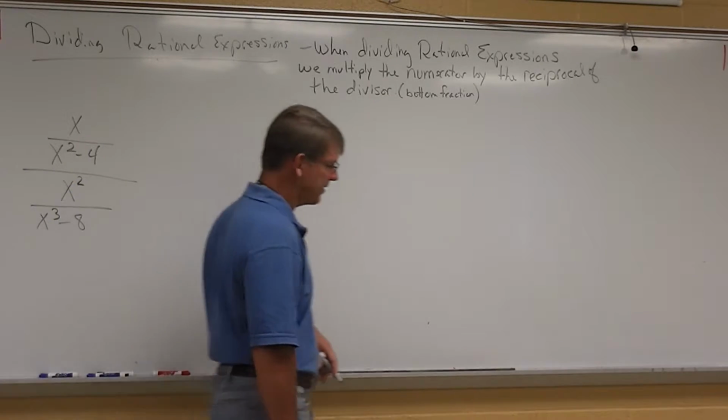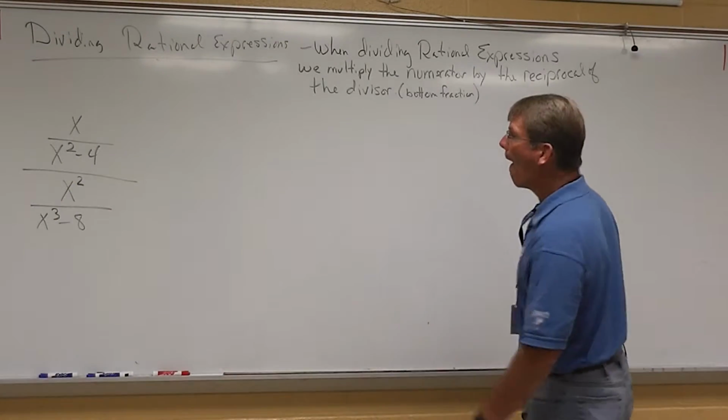So we might have something that looks like this. x over x squared minus 4 divided by x squared over x cubed minus 8. That's pretty complicated looking. But it's really no more than just what we had a minute ago, that 2/5 divided by 3/8 or whatever it was. It's just one fraction divided by another fraction.